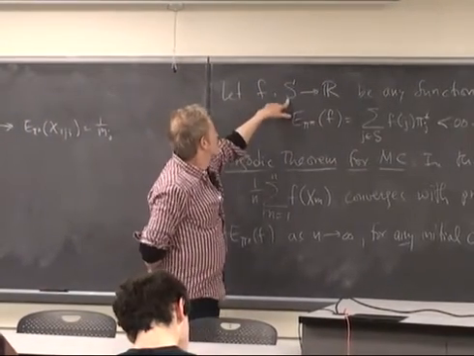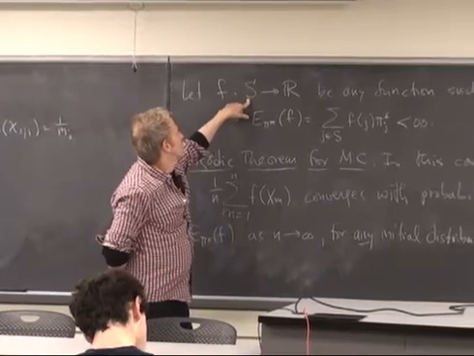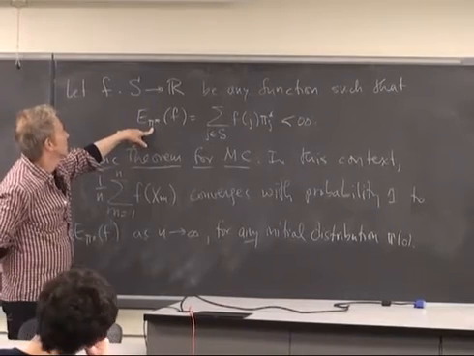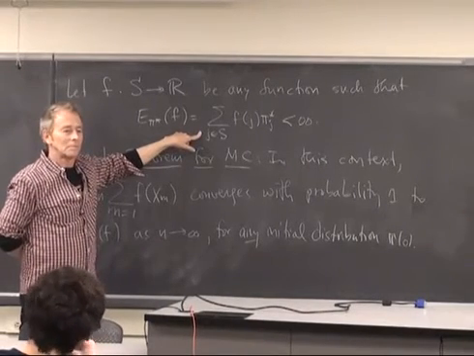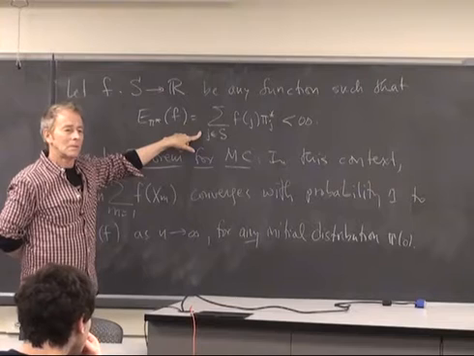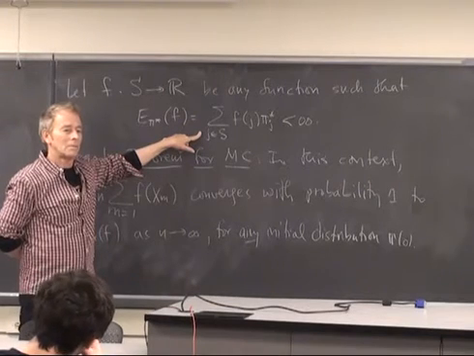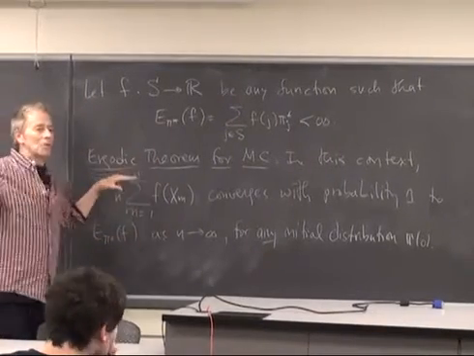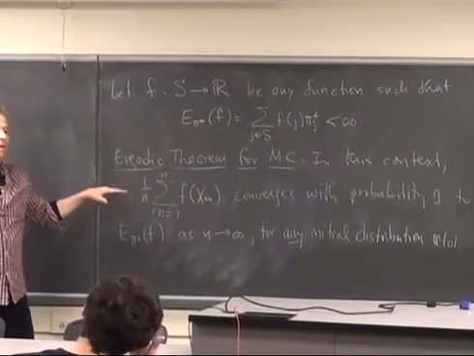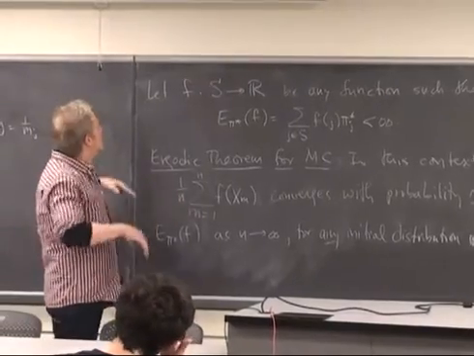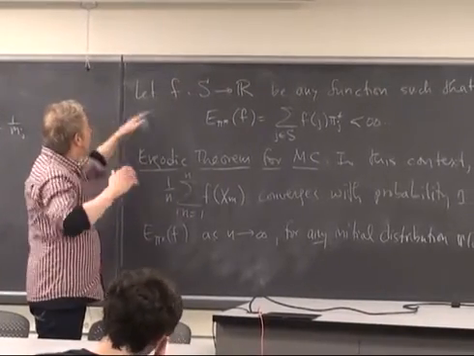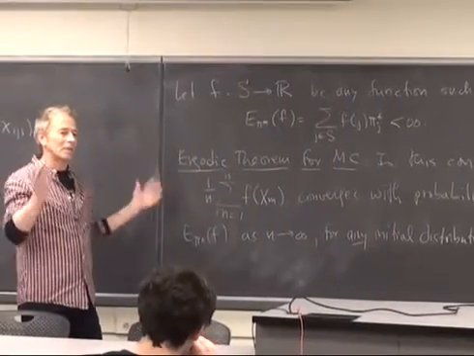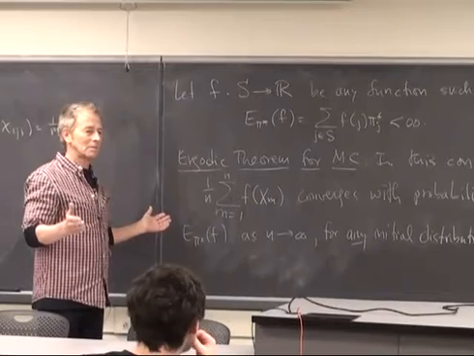If you have a real valued function on the state space, then you can take its expected value against the stationary distribution and get that. The stationary distribution is just some distribution on S. And if you think of f as any function defined on a set that has a probability distribution on it, it is going to have an expected value against that probability distribution.